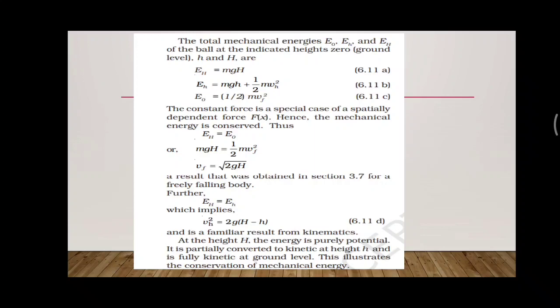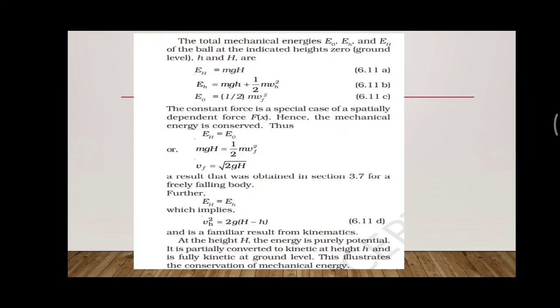Now let us come to a height of small h, where the total energy will be equal to mgh plus half m vh square, because at the highest point, capital H, there will be no kinetic energy.